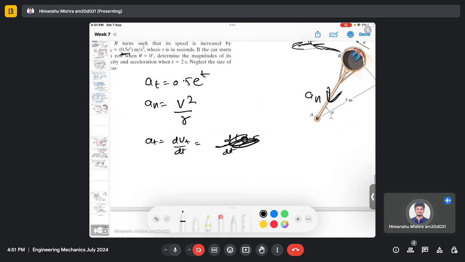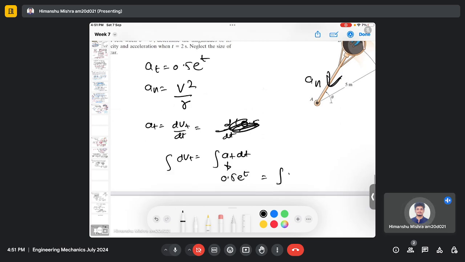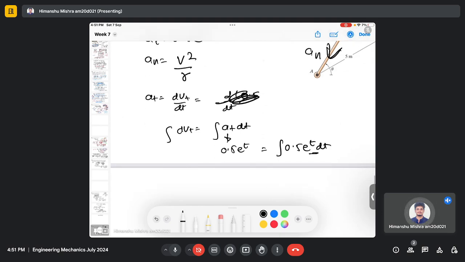So my velocity will be the integral of acceleration. My acceleration can be written as 0.5 e to the power t, so basically I have to integrate 0.5 e to the power t. I will get the velocity as 0.5 (e^t minus 1).